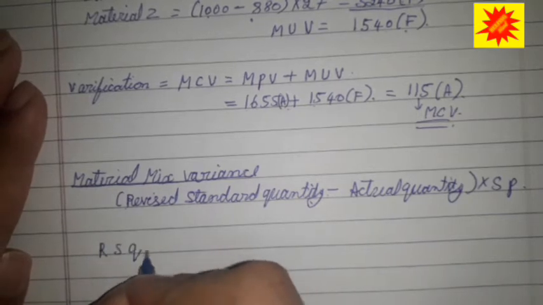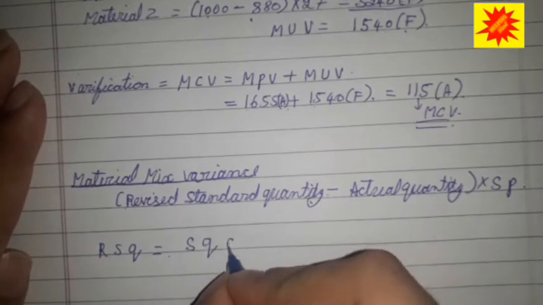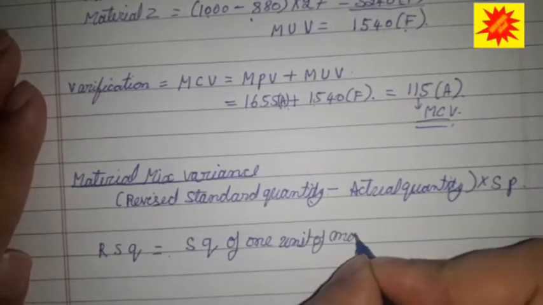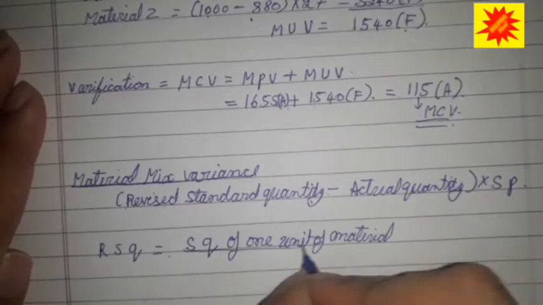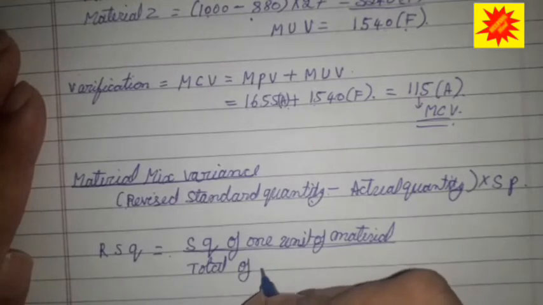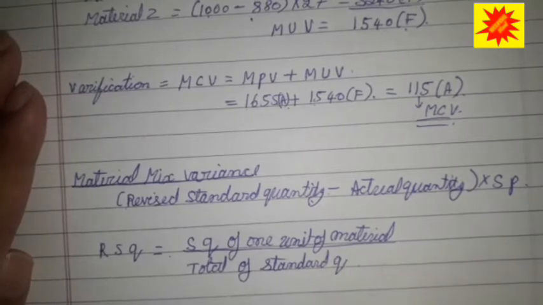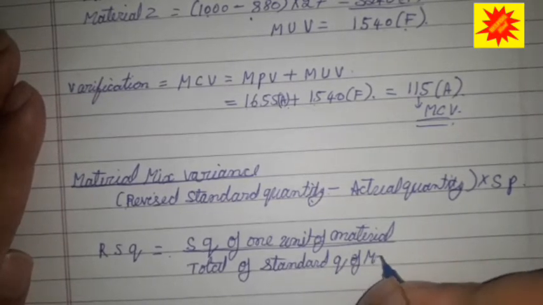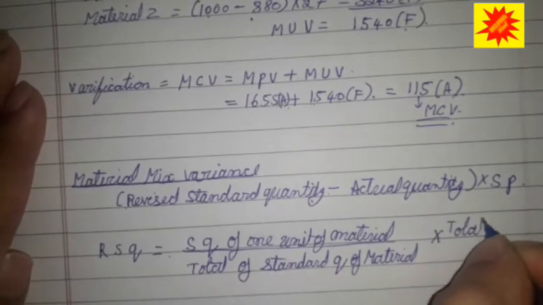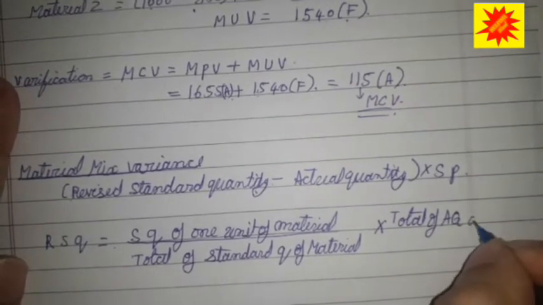So revised standard quantity is equal to standard quantity of 1 unit of material divided by total of standard quantity of material into total of actual quantity of material.